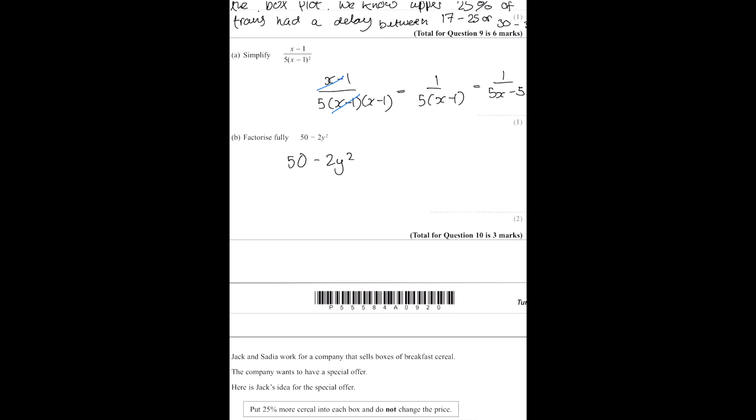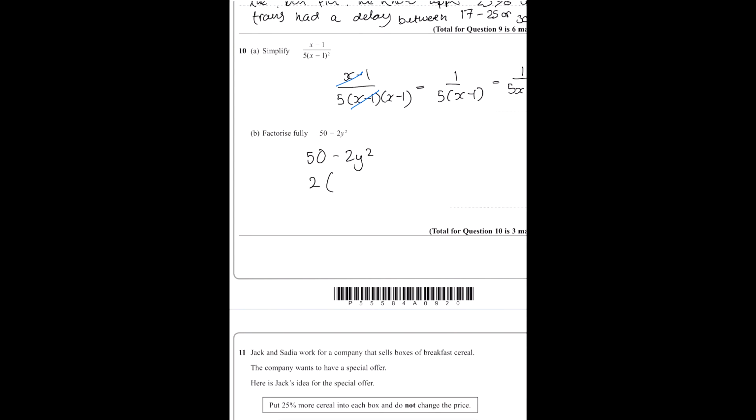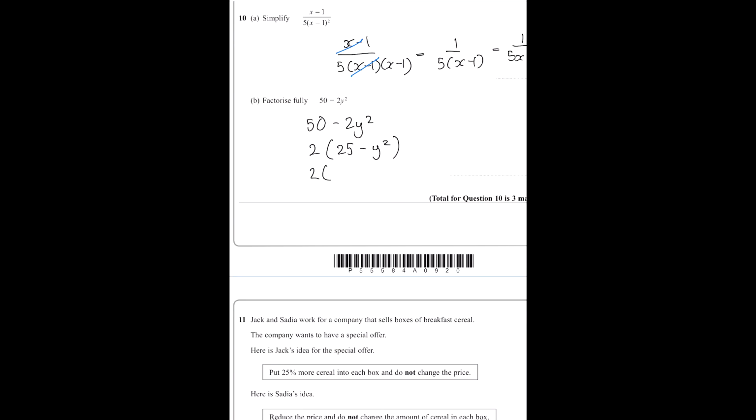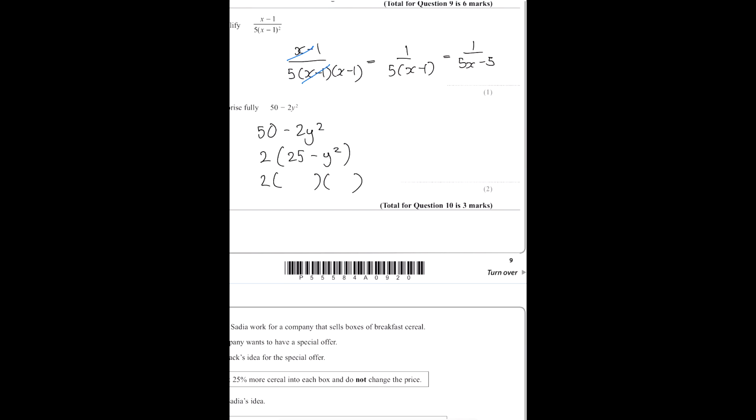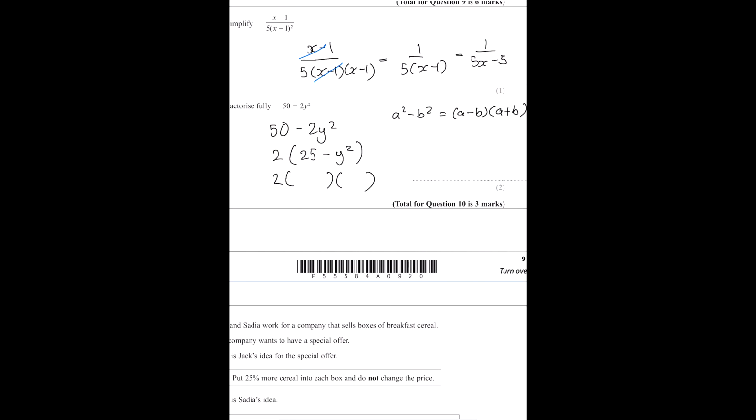Next, we're asked to factorize fully this, so we can pull out 2, and then we've got 25 minus y squared. Now if we notice, this thing inside the brackets can be written as a difference of two squares, where we have something squared minus something else, and that is factorized in this format.